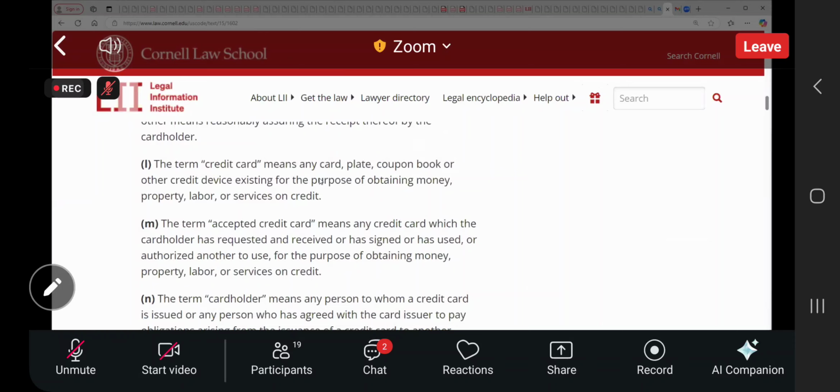The term credit card means any card, plate, coupon book, or any other credit device existing for the purpose of obtaining money, property, labor, or services on credit.